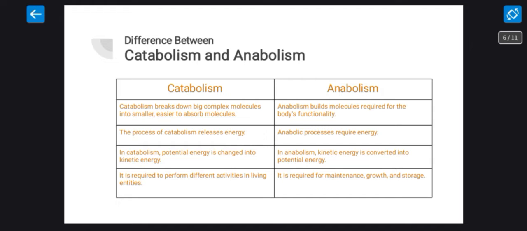In catabolism, potential energy is changed into kinetic energy, and in anabolism, kinetic energy is converted into potential energy. Catabolism is required to perform different activities in living entities, whereas anabolism is required for maintenance, growth, and storage.